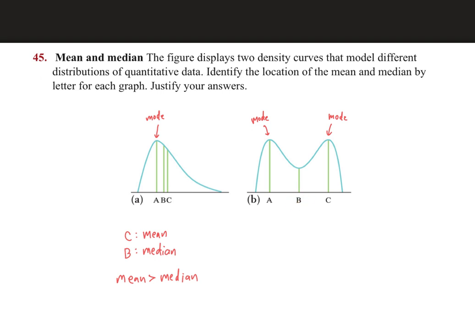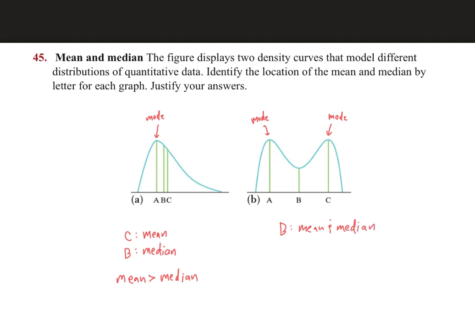It doesn't matter what kind of symmetry you have, whether you have a normal curve, a uniform curve, or a bimodal curve like this. If the curve is symmetric, then the mean and the median will be that same middle value. So B is the mean and the median, and they'll be equal in this case.